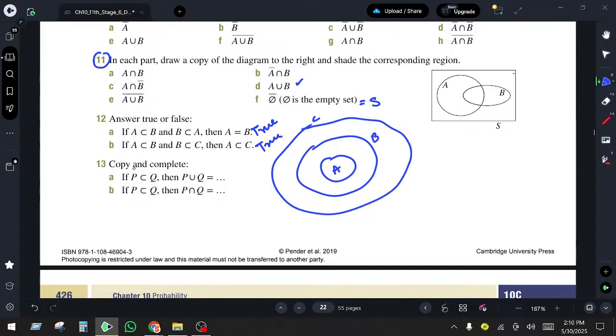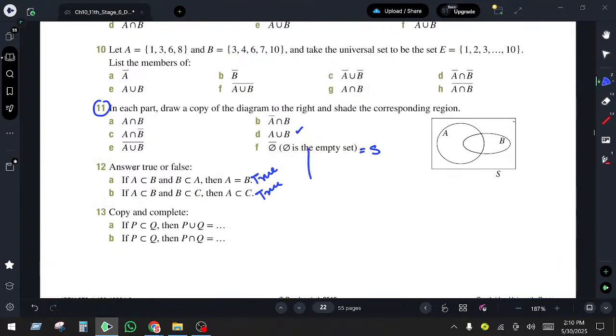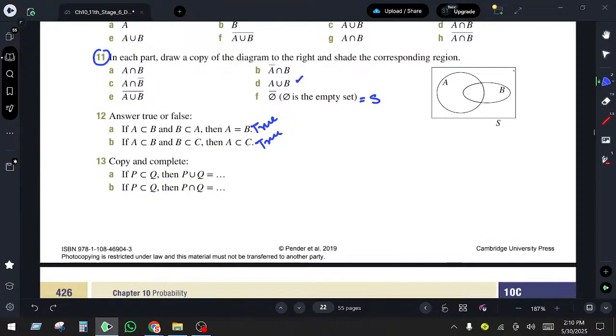Okay. And moreover, the next, 13. P is contained in Q. Means this is P, and this is contained in Q. Am I right?